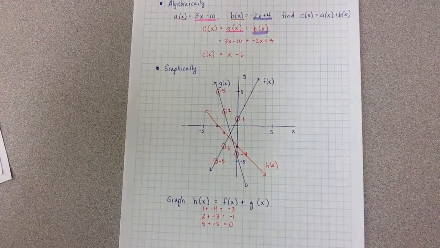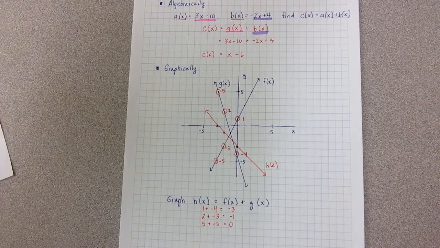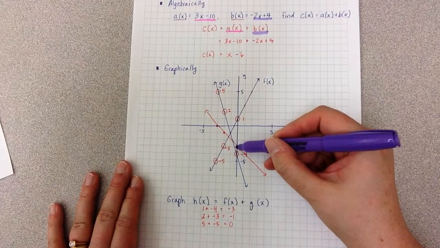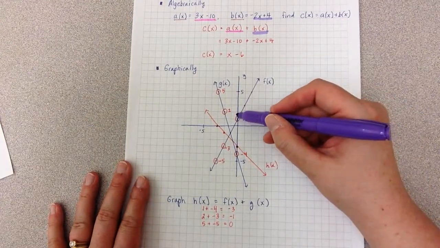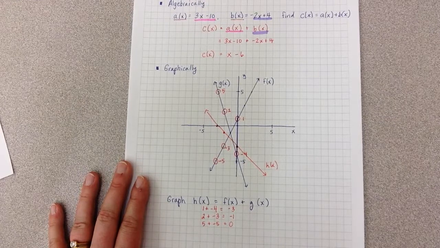Now, a couple of important things to note here. One of the important things to note is that each and every time, my final point lined up where my points were along an x line.